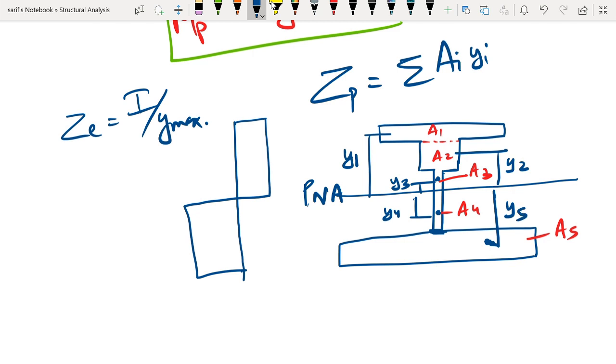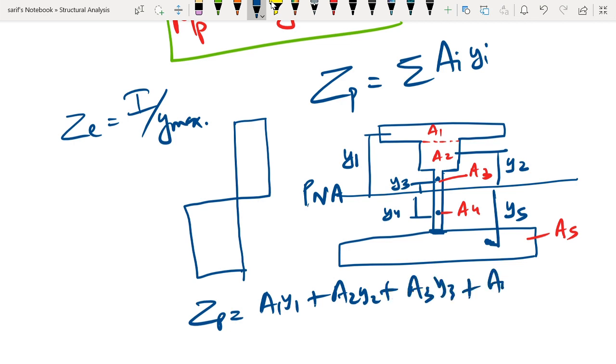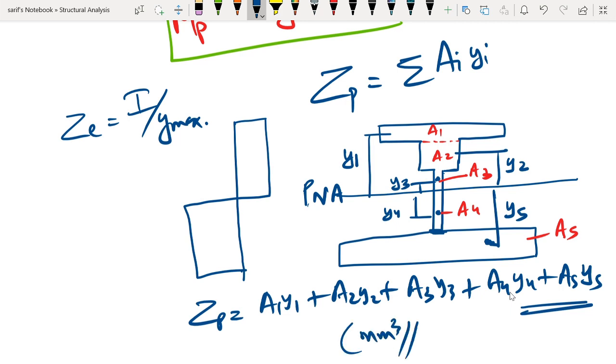So the summation of this product gives Zp, which in this case would be Zp is equal to a1y1 plus a2y2 plus a3y3 plus a4y4 plus a5y5. This is how we calculate the plastic section modulus, and of course the unit is mm cube.